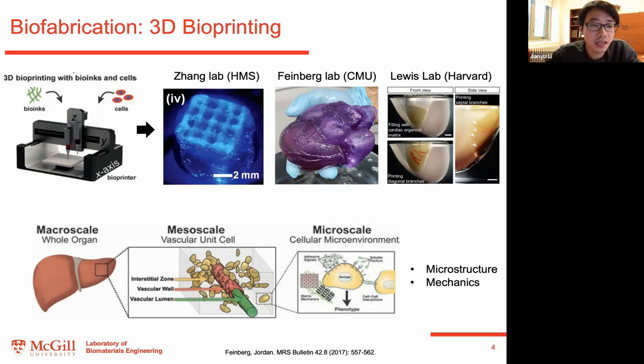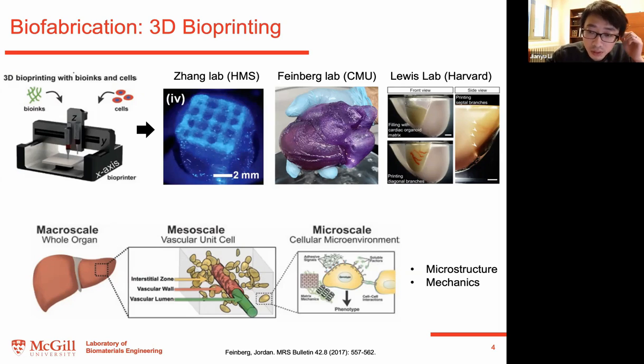I just want to highlight that a lot of success has been made to achieve those defined features at the macroscopic scale, as well as the mesoscopic scale, such as the scale of blood vessels. However, key challenges remain at the smaller scale. Those would be the focus of my work, which focuses on the microscale.